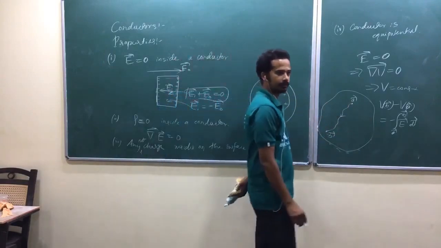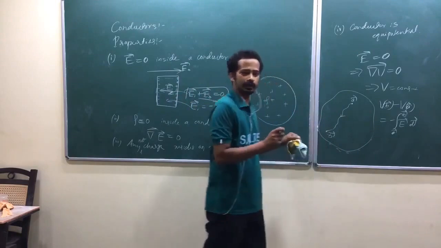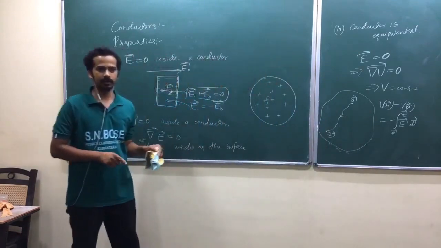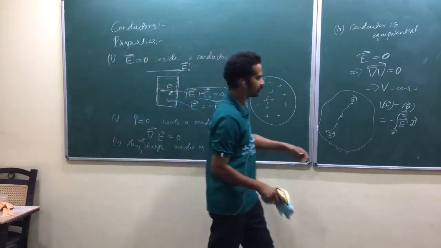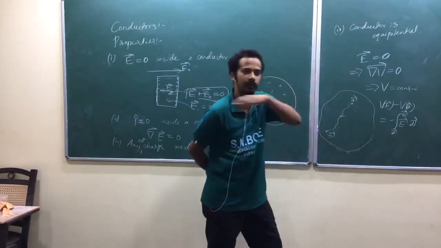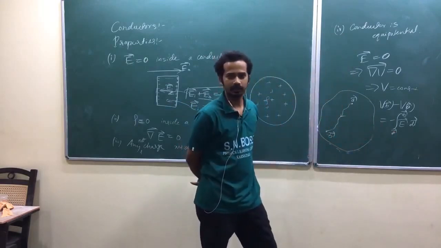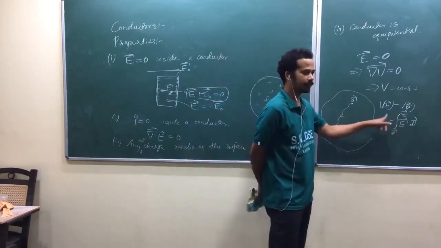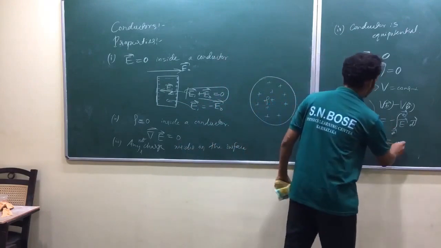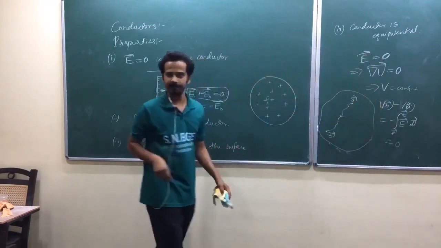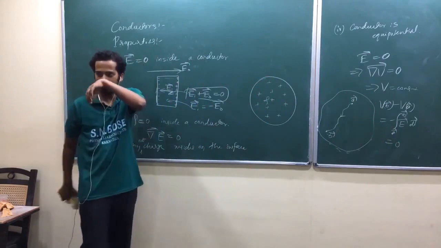Whatever two points you take inside the conductor, you can run your path integral so that the path is well within the conductor. Inside the conductor the electric field is 0. That's why this path integral is 0, and that's why VB equals VA.